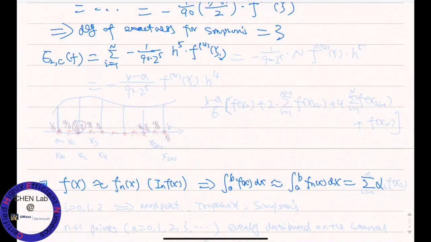We have been using sub i. This is the same as negative 1 over 90 times 2 to the 5th power, you have n of them, and you add some single ξ, times h to the 5th, and use the same trick again. N times h is b minus a, so it's negative (b minus a) over 90 times 2 to the 5th, times the fourth derivative of f at ξ, times h to the 4th.